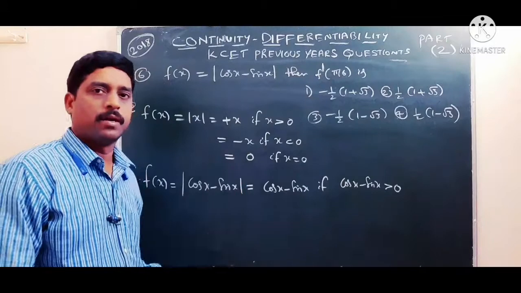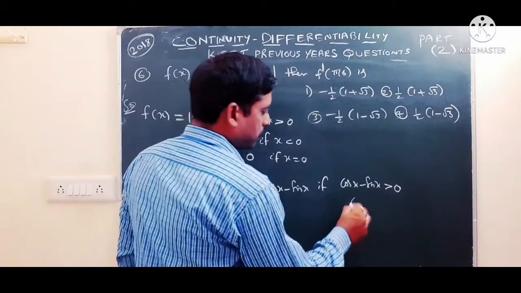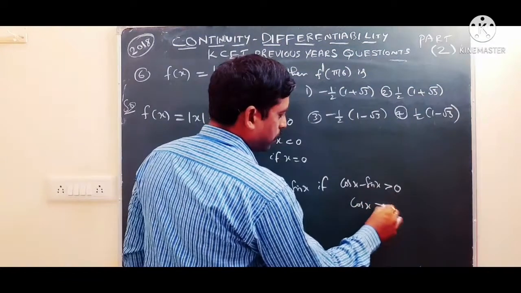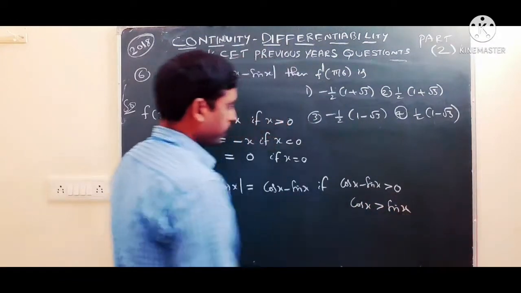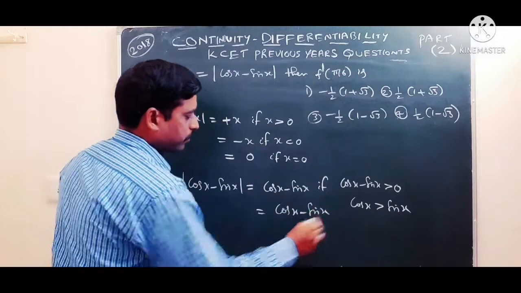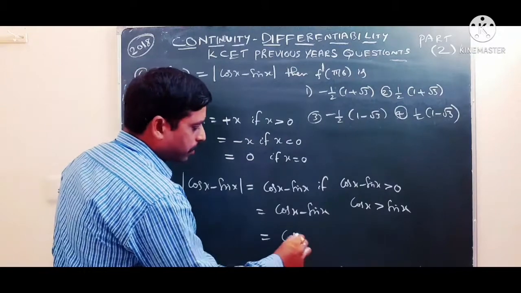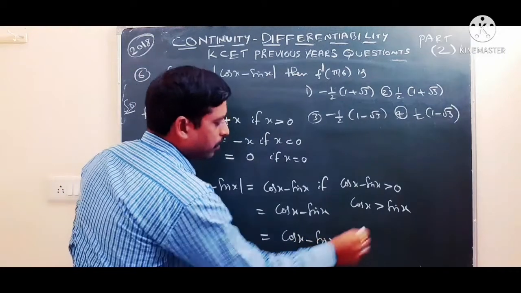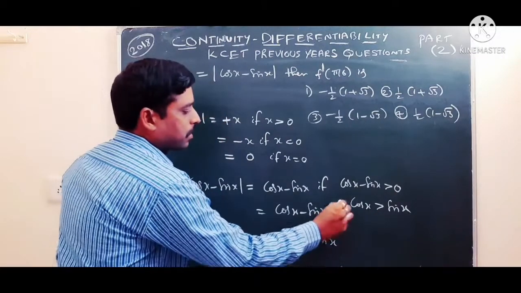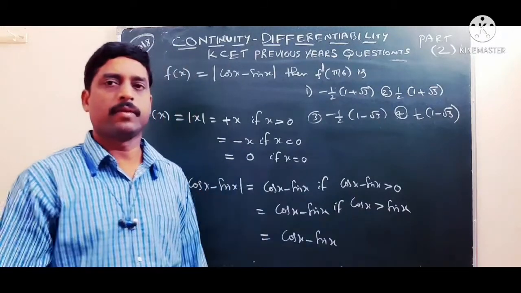In this formula, on replacing x by cos x minus sin x, this is nothing but cos x greater than sin x. Which interval?